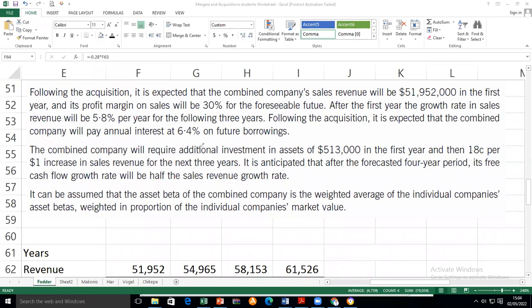The combined company requires additional investment in assets of 513. So this is what we call the routine capex, 513 in the first year. What after that? It's 18 cents per $1 increase in sales. So you calculate the increase in sales and multiply it by 18 cents or 0.18.